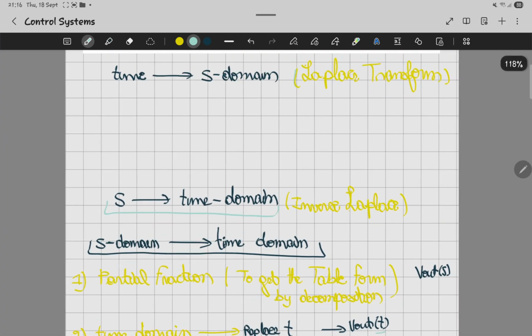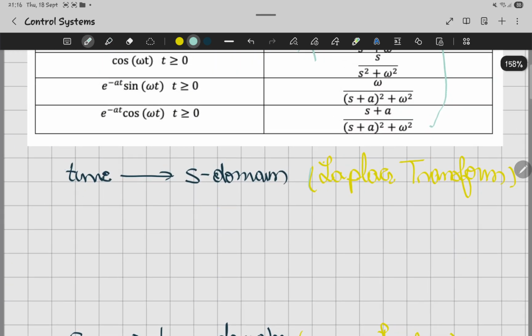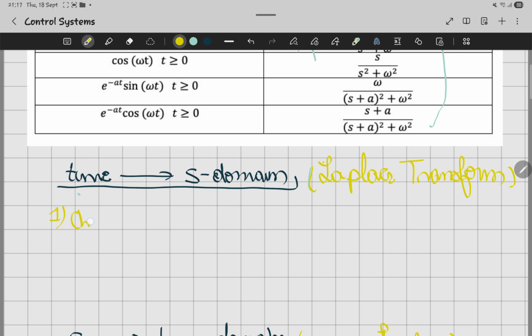Now with this from time to S domain, we do have some other rules that you need to know. Firstly, before you move to S domain, you need to check for initial condition. This is the thing that you need to pay attention to.